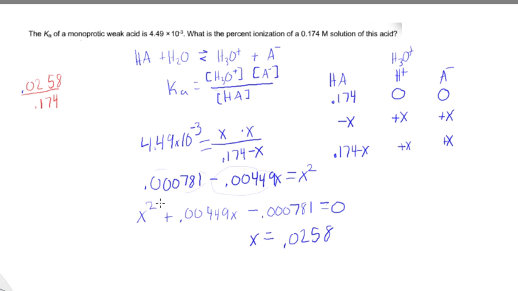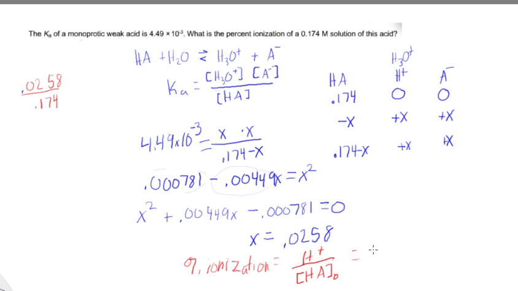Okay, so percent ionization is the hydronium concentration over the original concentration. So the HA original.